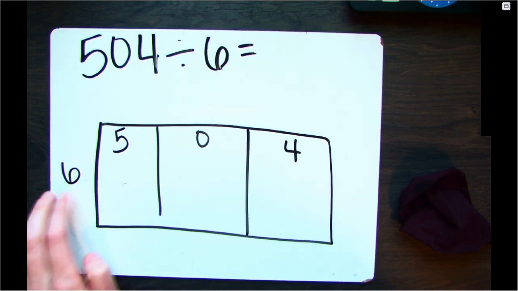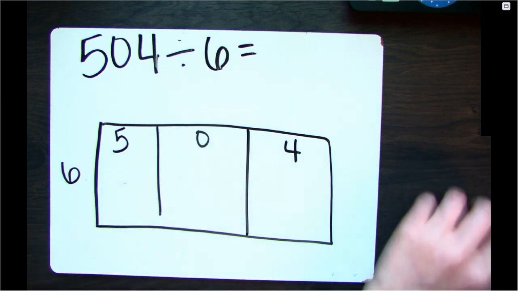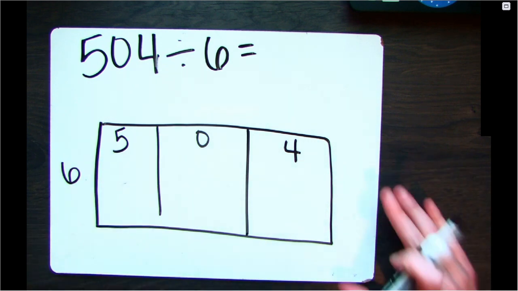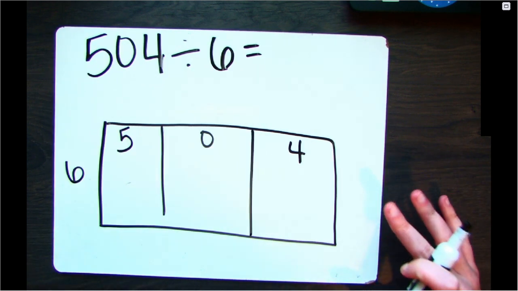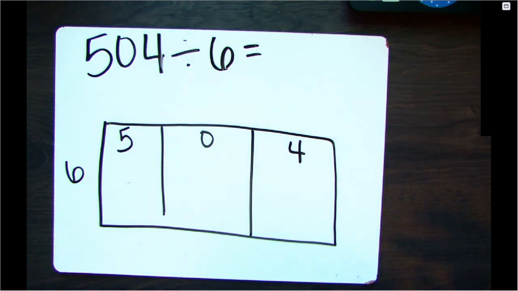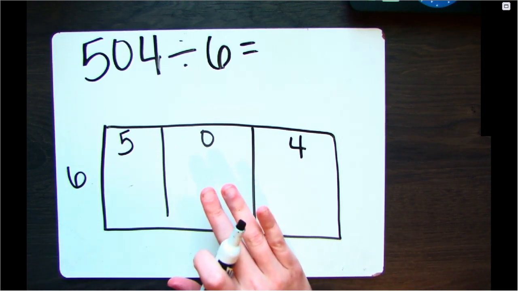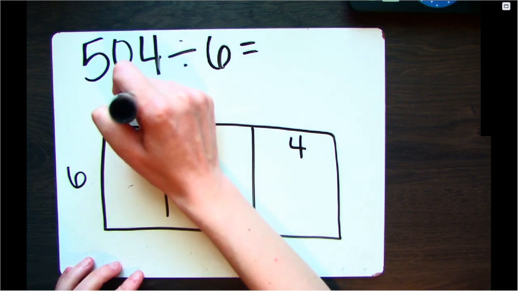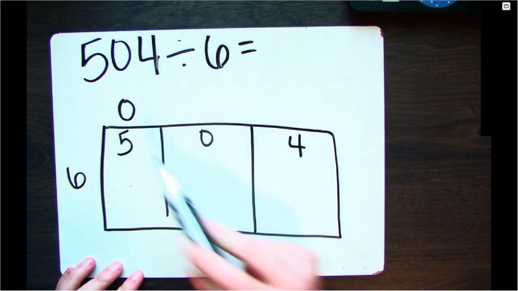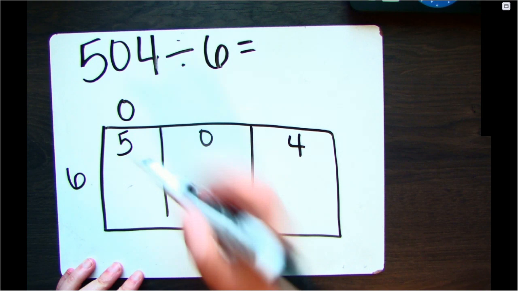How many times can 6 go into 5? Or, in other words, what times 6 equals 5? Well, nothing, because 5 is smaller than 6, so nothing can be divided in. But I can't just leave it blank and go over. I actually need to write a 0 up here at the top. So 0 times 6 is 0.